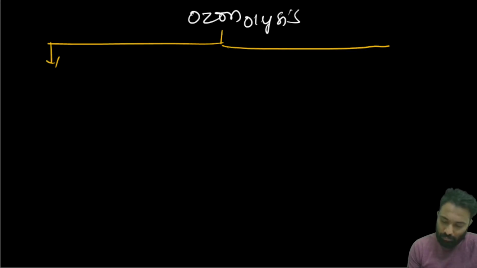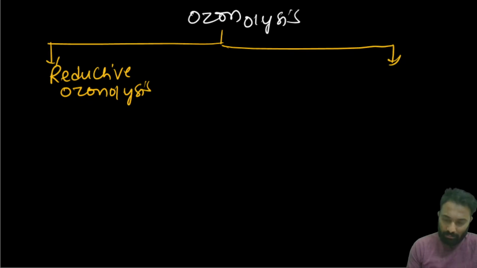Now we'll see which reagents give the oxidative ozonolysis and which give the reductive ozonolysis. Reagents to be remembered: first one is reductive ozonolysis, second is oxidative ozonolysis.